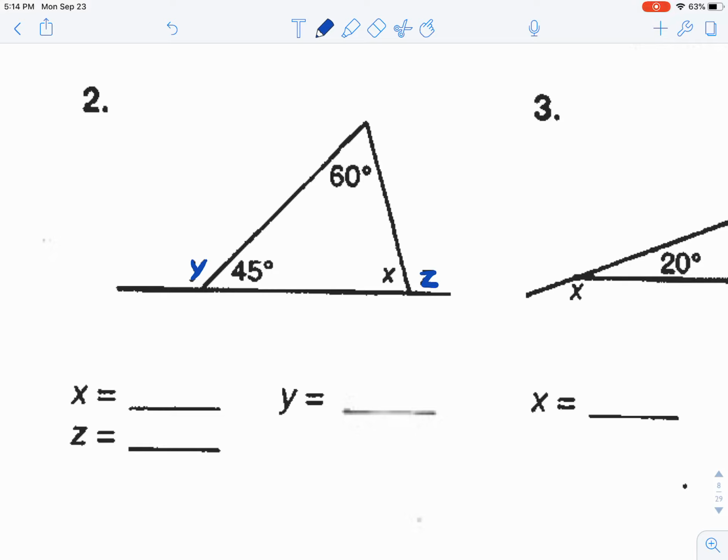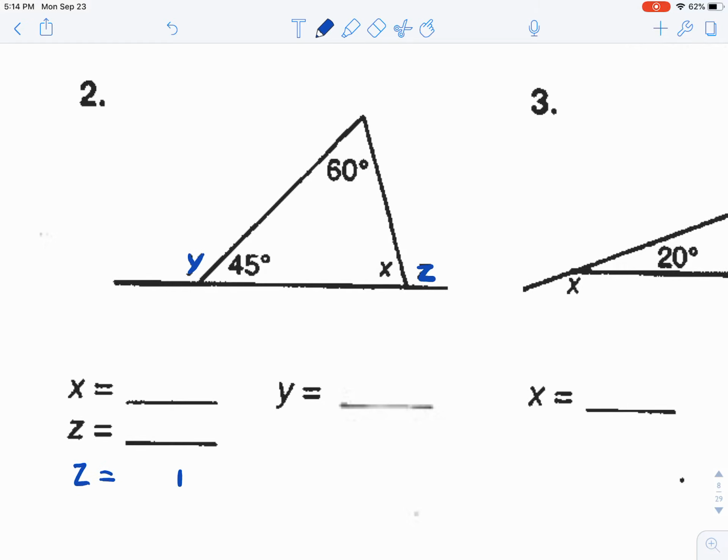Why do we want to find the measure of angle Z? Because we have both of its remote angles. That's the angles that are not right next to Z. So Z is the sum of its remote angles, 60 and 45. So Z equals 105 degrees.